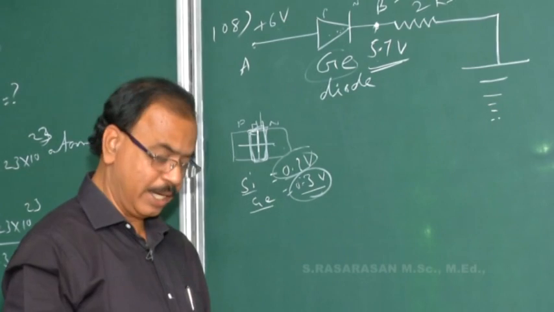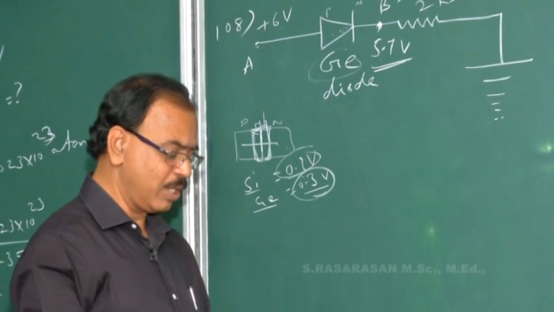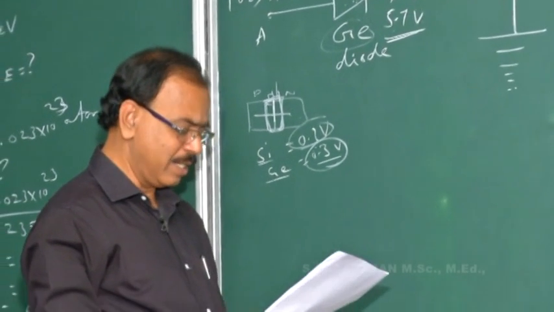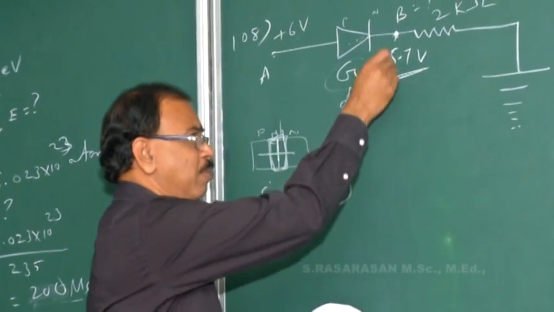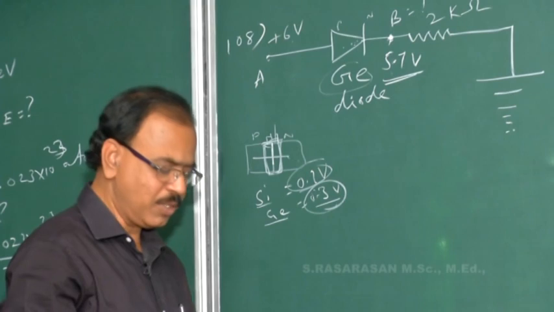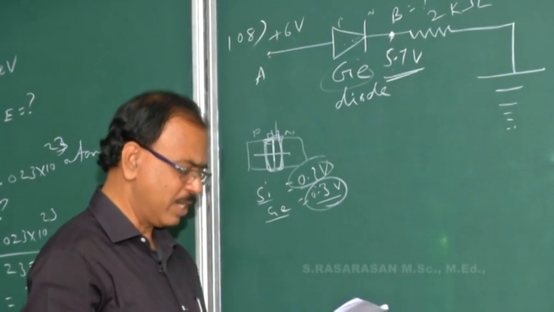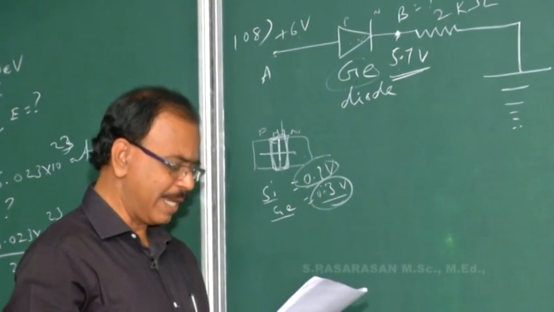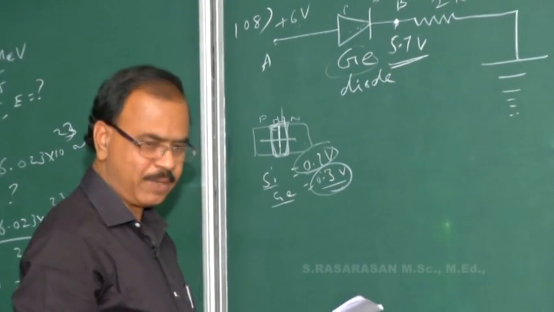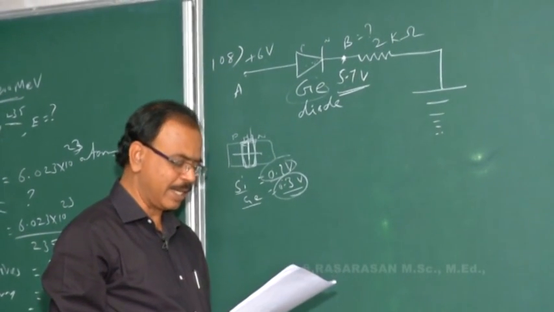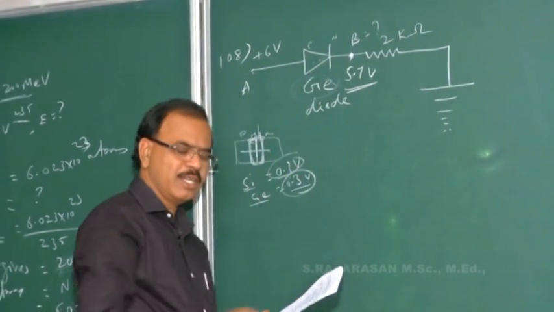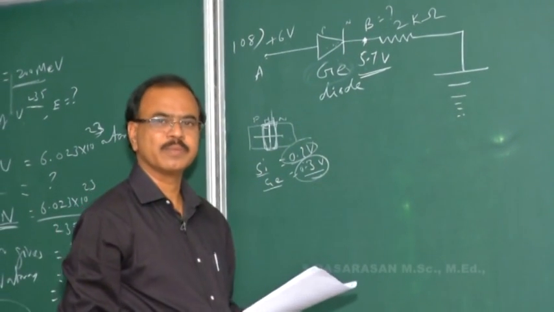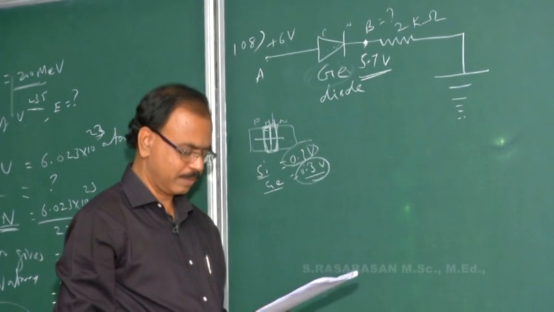The problem may be asked in some other, different way also, but here in this problem, at this point B the potential is 5.7 volt. Option A would be correct if they had given silicon instead of the word germanium.